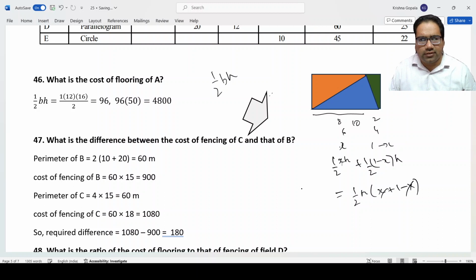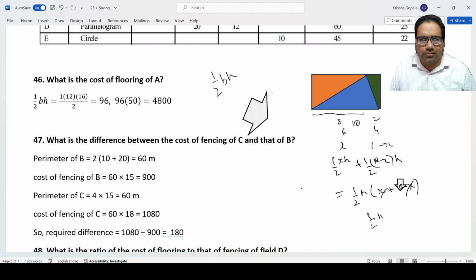We assume that this part is x, then total is 10, then this is 10 minus x. Or if we assume the total base is b, then 10 becomes b: x plus b minus x.